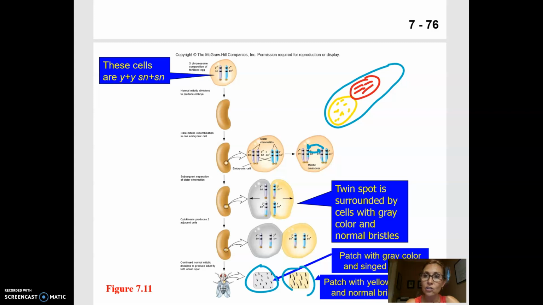And as it turns out, every one of these hairs comes from a series of cells that make long bristles. Over in this other region, each one of these hairs comes from a set of cells that makes short bristles. And so you have a clone. This would be the short bristle clone.